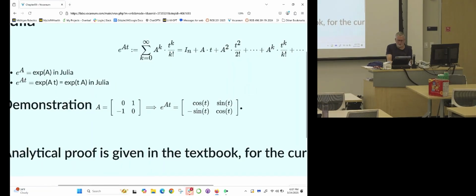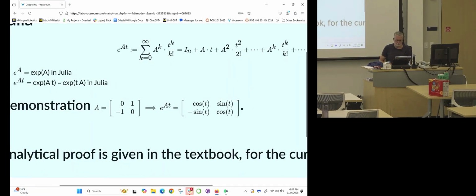that e to the At is cosine t, sine t, minus sine t, cosine t, which you may recognize as a rotation matrix from Rob 101. It is a rotation matrix, so it just rotates things. It doesn't change the length of vectors.